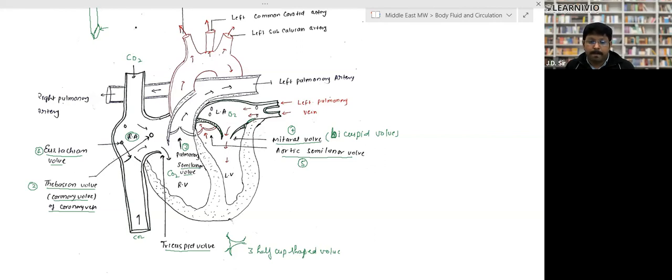Next, left and right pulmonary veins open into the left atrium. Full stop.